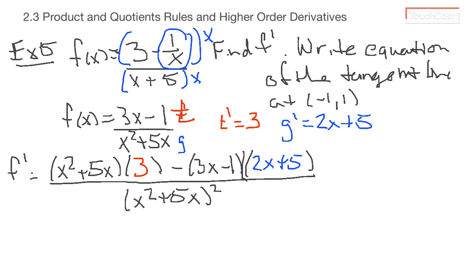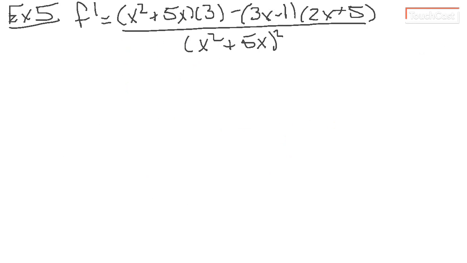So let's clean it up. In fact, I'm going to clear my screen and just have my f prime part at the top. Alright, so in our numerator, distribute this 3.